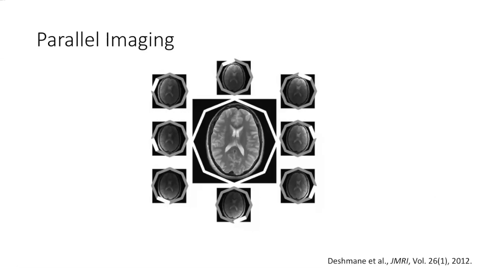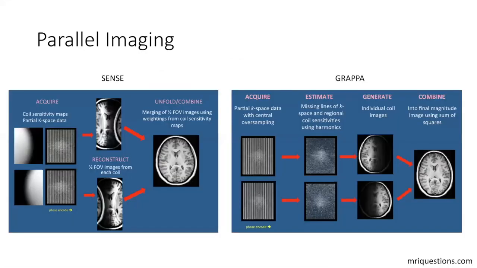So with parallel imaging, what we typically do is we skip K-space lines, and as I showed a couple of slides ago, if you were to do that under normal circumstances, you would get aliasing, and then you would get these wraparound artifacts, and your image is probably not going to be useful.